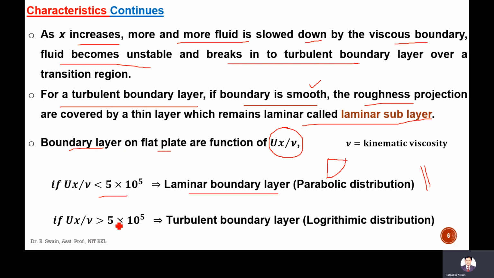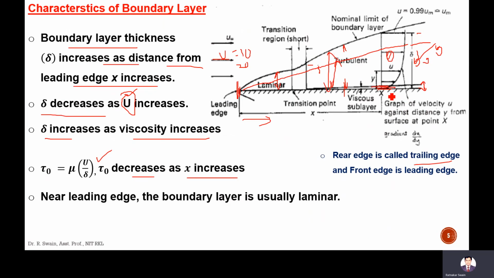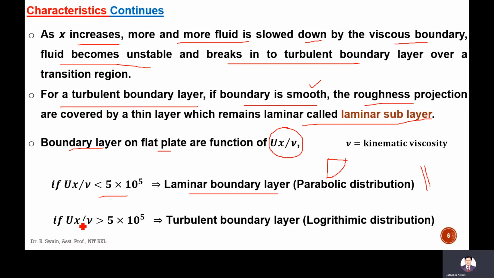However, if it is more than 5 into 10 to the power 5, then the boundary layer is a turbulent boundary layer and the distribution is logarithmic. Like it is shown here, it is logarithmic here, and parabolic in the laminar layer. So it depends upon x, U and nu.